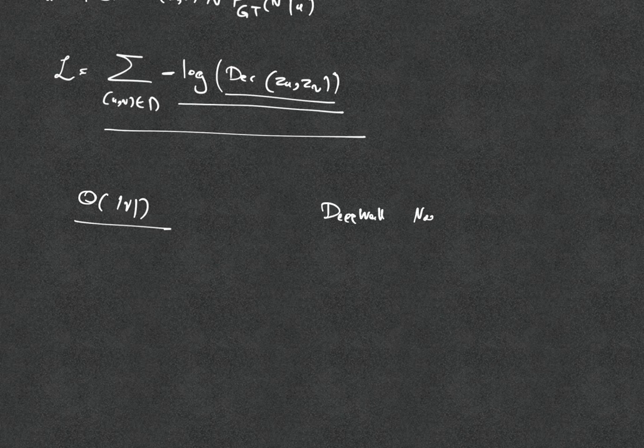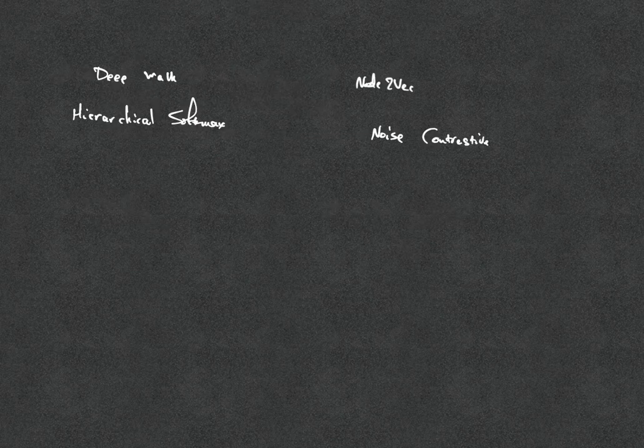and Node2Vec. Deep walk uses hierarchical softmax to deal with this and uses a binary tree structure to accelerate the computation, but Node2Vec uses a noise contrastive approach and, instead of dealing with everything, uses negative sampling.